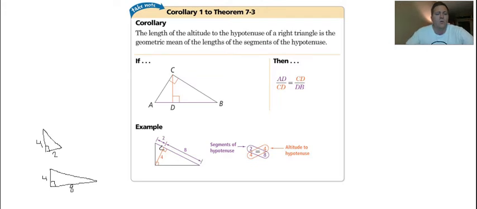So we got to know the corresponding sides. This triangle right here, if I flip and turn it, would look like this, which is a better way for me to draw it, with 4 right here and 8. I have the smaller leg and the bigger leg, and so now I have the corresponding sides, and I can set up a proportion.